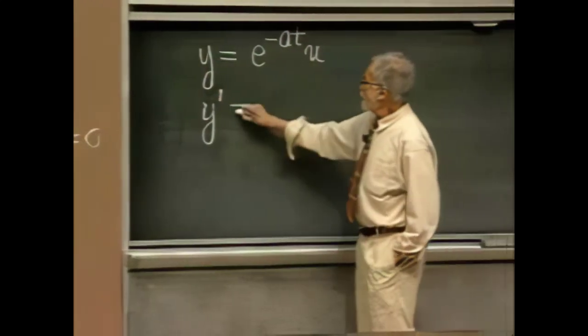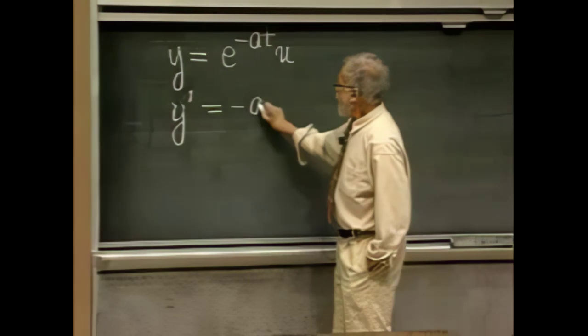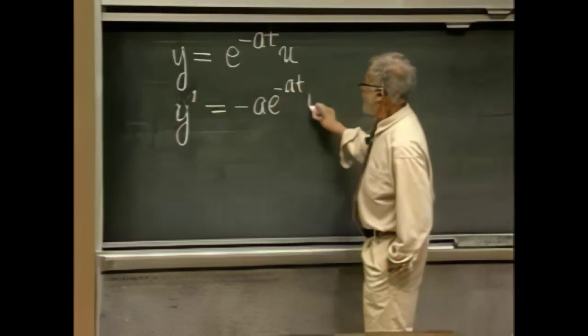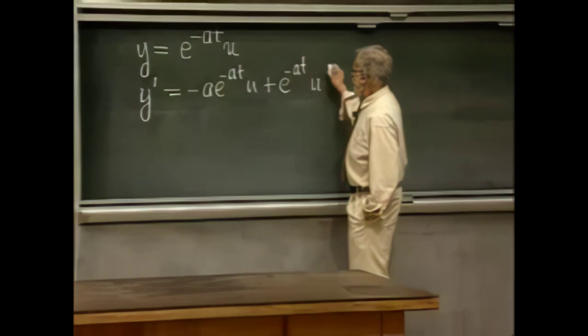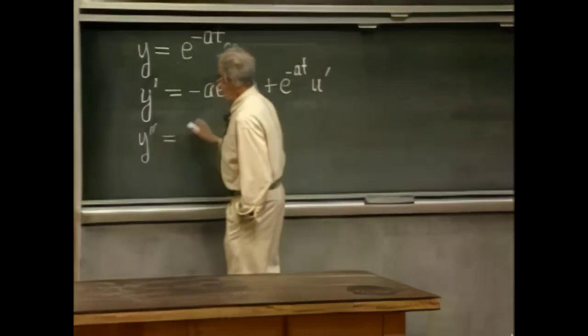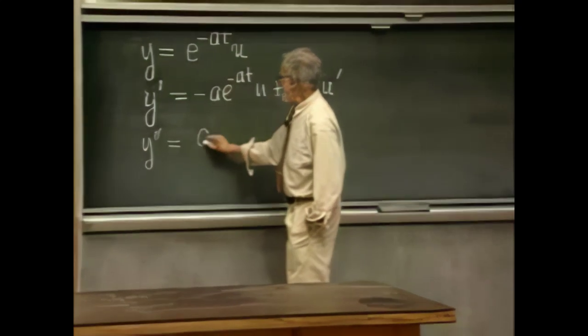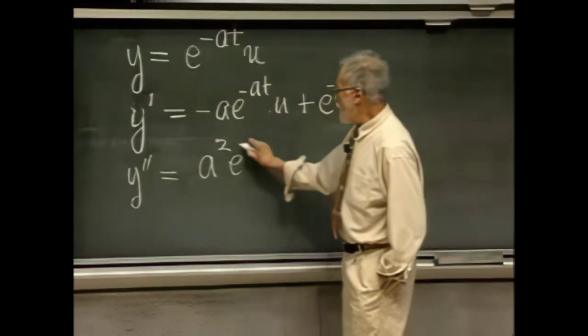Y prime equals, differentiate: minus a e to the minus at u plus e to the minus at u prime. And then differentiate again. The answer will be a squared, you differentiate this, a squared e to the negative at u.